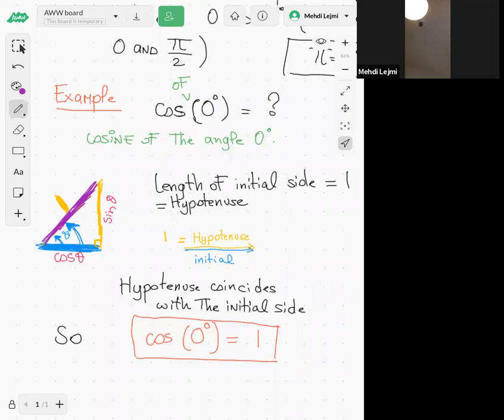By hypothesis, I know my hypotenuse is supposed to be equal to 1. So if my hypotenuse is equal to 1 and coincides with this blue line, then the length of this blue line is also 1.